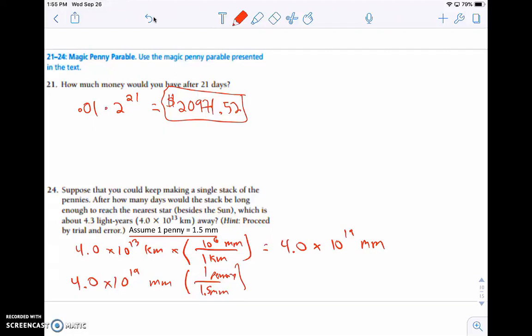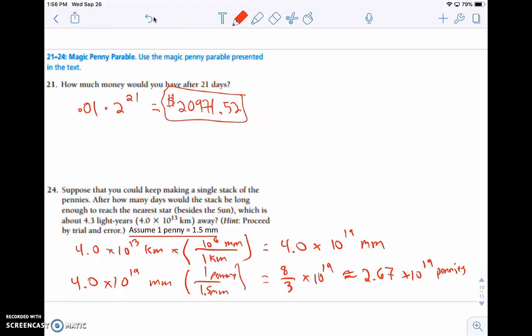So I would need to take 4.0 times 10 to the 19th and divide it by 1.5, and these numbers are huge. When you take 4 and divide it by 1.5, you get 8/3, still times 10 to the 19th, and 8/3 is 2.6 repeated. We'll go 2.67 times 10 to the 19th pennies is how many pennies you would need to get that far away.